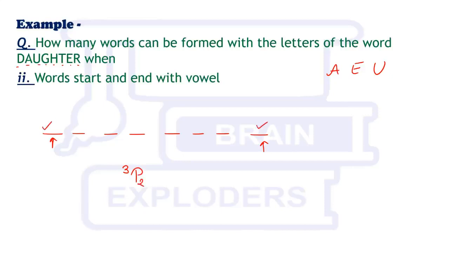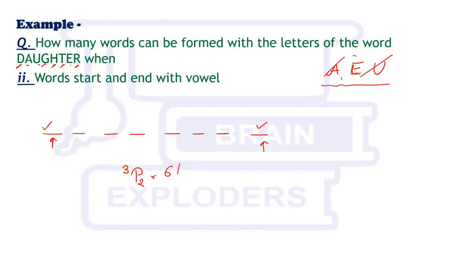Suppose we fill a vowel over here and a vowel over here. So 2 of them are already used. They may be any of the 2, A or E, E or U, or any 2 in any specific order. Now one of the vowels will remain, and all the consonants will remain: D, G, H, T, R, which makes 6 letters.